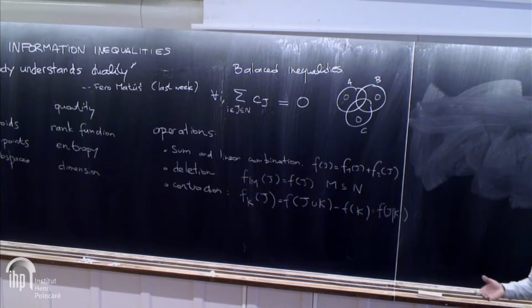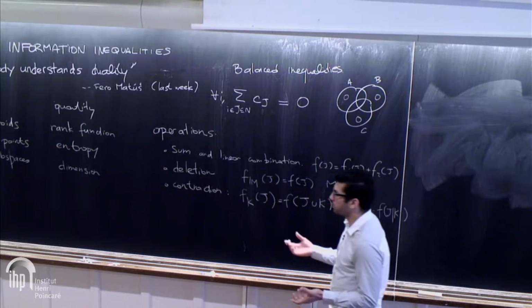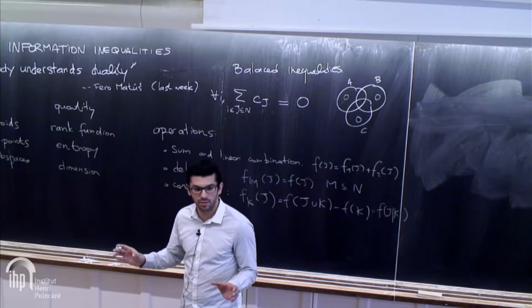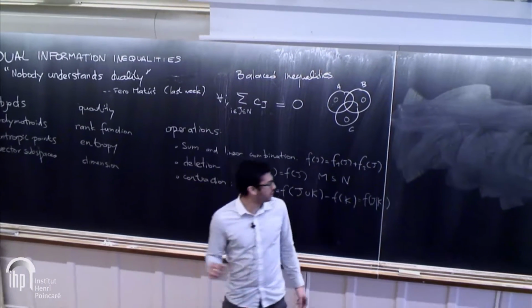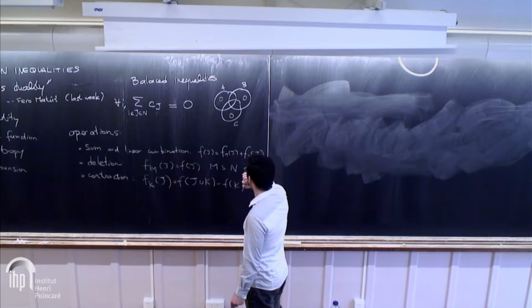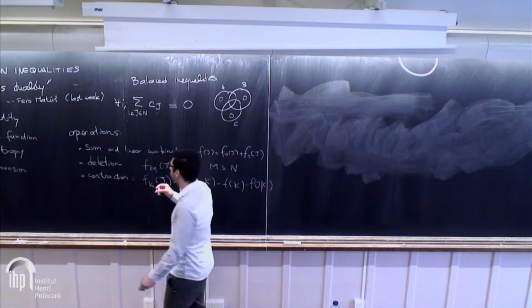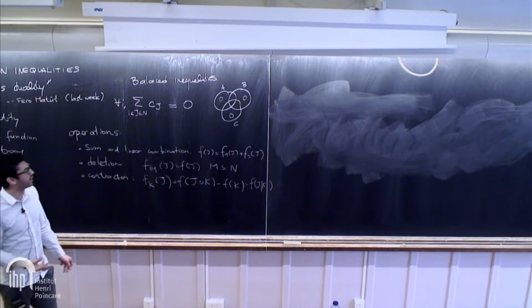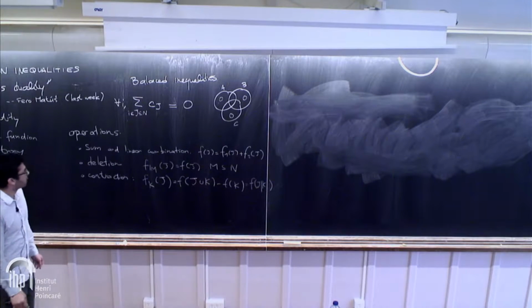To implement the sum, you just take two independent copies of the original two sets of random variables, and the entropy will just be the sum. And with some more work, you can also do any linear combination.